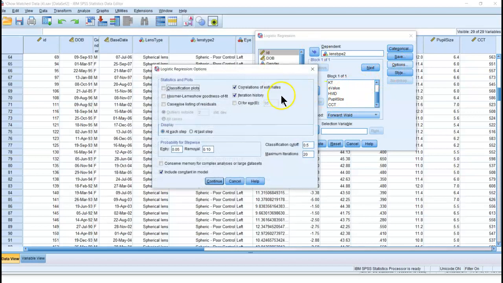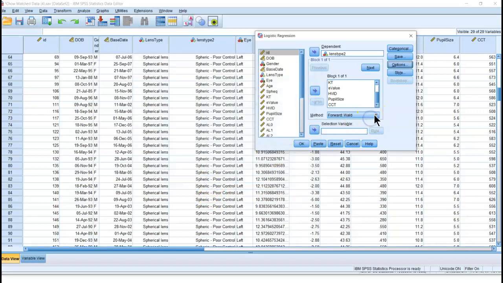Under options, we're going to look at iteration history, just to give a little example. Actually, we're going to do correlation too. Continue. And we're going to enter everybody, so we're going to look at all these variables at one time.